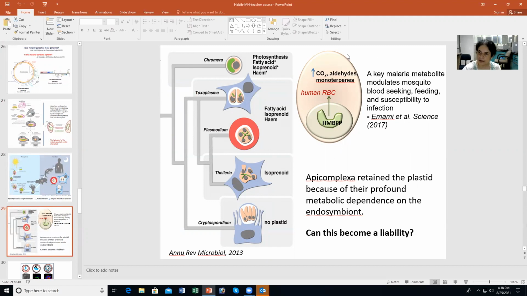So people who are infected and have the parasite which carries the apicoplast have this HMBPP production, which leads to higher levels of production of aldehydes, and therefore mosquitoes will be attracted.